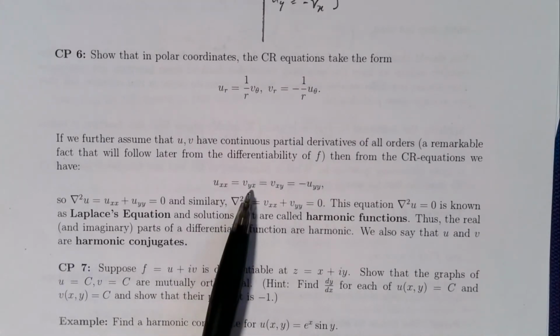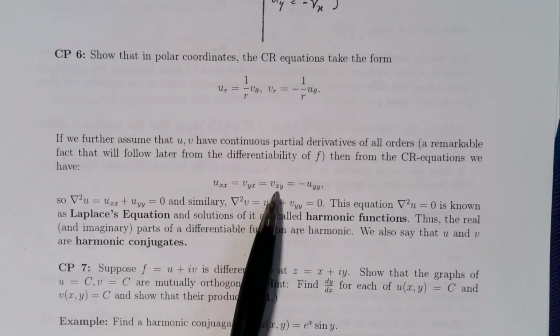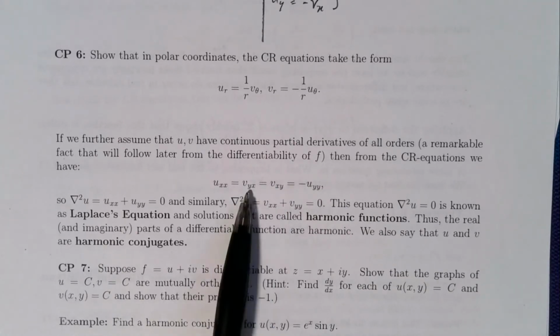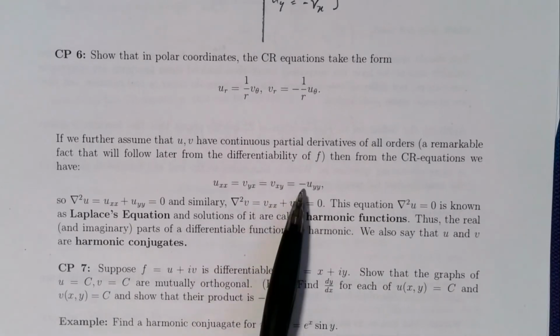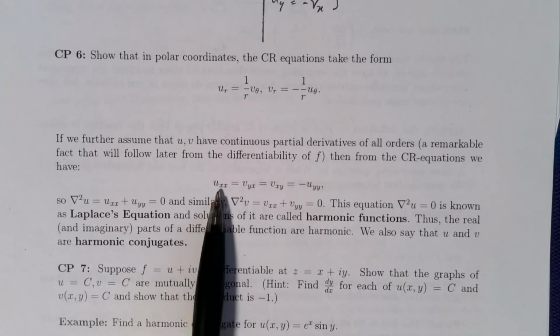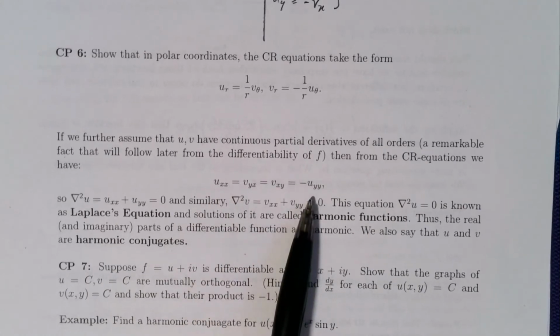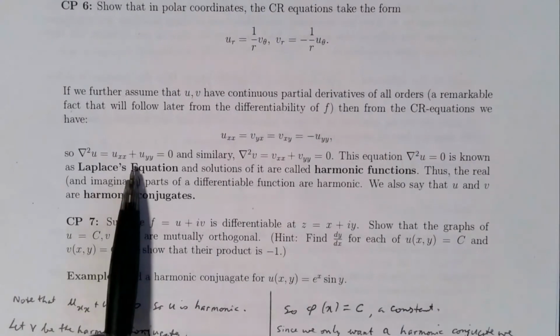And this one is equal to v sub xy, because the partial derivatives are continuous, so you can swap the order of the differentiation. And this one, by Cauchy-Riemann, just equals minus u sub yy. And that means if I take this one plus this one, I get 0. So I get u sub xx plus u sub yy is 0.